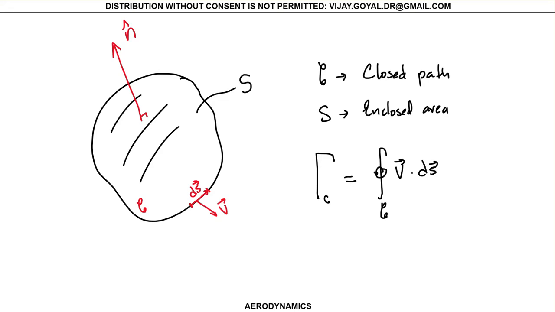So if we understand a few things here, first of all, the difference between vorticity and circulation. Vorticity, as a review, is defined by omega, which is 2 times the rotation, which is equal to the curl of v.